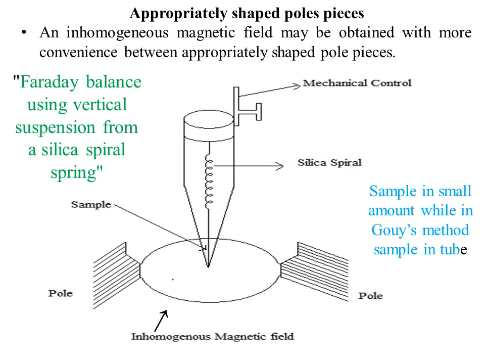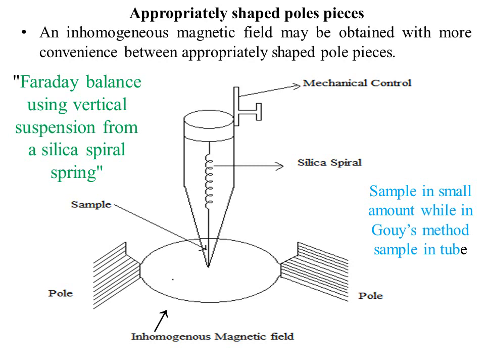An inhomogeneous magnetic field may be obtained with more convenience between appropriately shaped pole pieces. This is Faraday's balance using vertical suspension from a silica spiral spring.